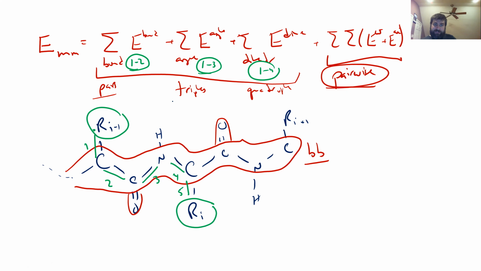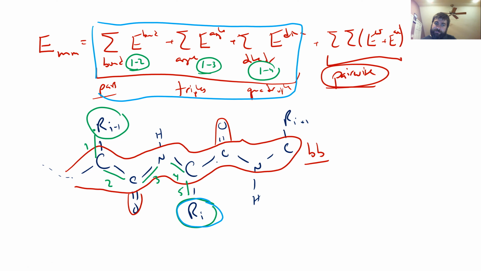What this means is that there is a limit to the bonded interactions. So if we think about taking this residue Ri, and we say, how far do the bonded terms reach? Well, the bonded terms can reach as far as 1, 2, 3, 1, 2, 3, 1, 2, 3, and 1, 2, 3.